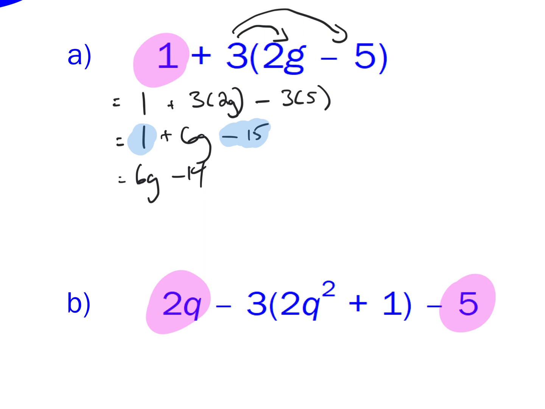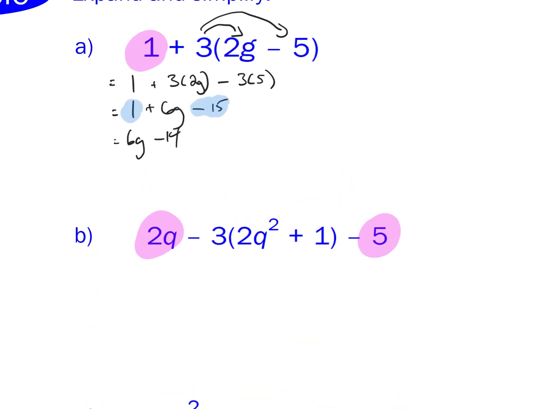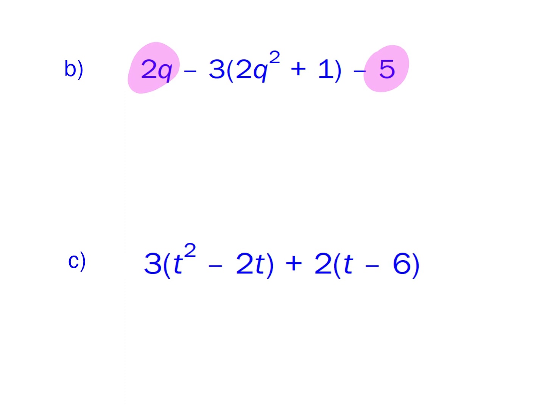Now, question B, we are going to live on the wild side once more. We have -3 times 2q squared and -3 times +1.